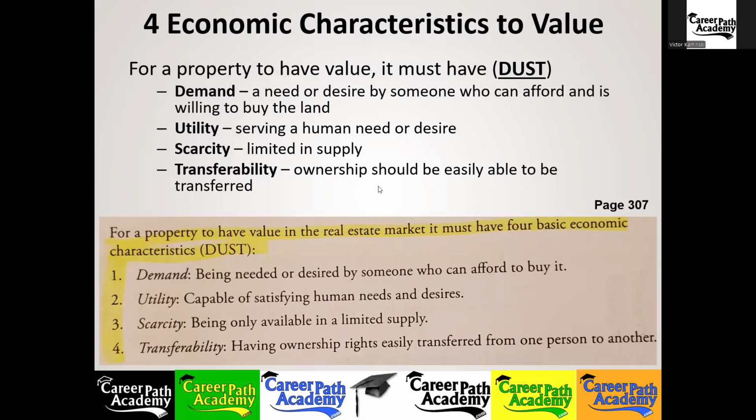So which one of these four economic characteristics of value would apply to the situation: a builder that just built 500 homes in the area, and you want to get a permit to put up a combination laundromat convenience store? Which of the four economic characteristics would apply to it the most?